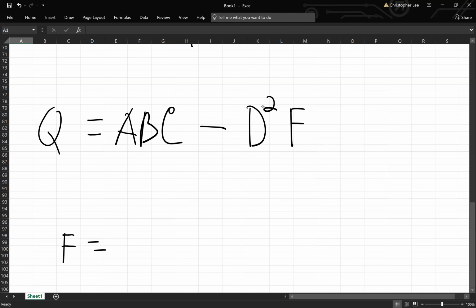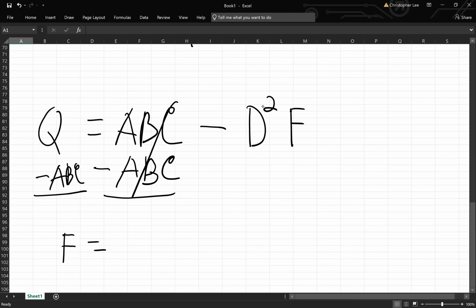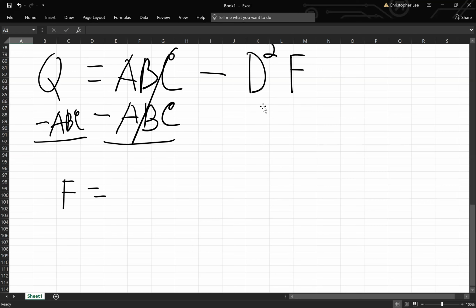All I gotta do is subtract ABC. What you do to one side, you gotta do to the other. So now what do we got? Negative D squared F is equal to Q minus ABC.